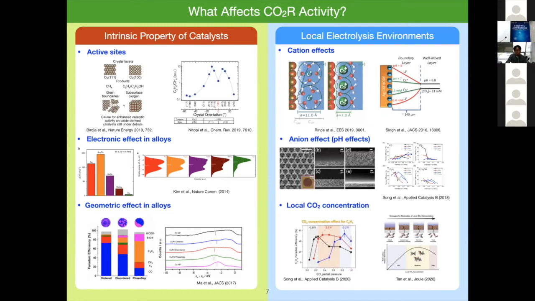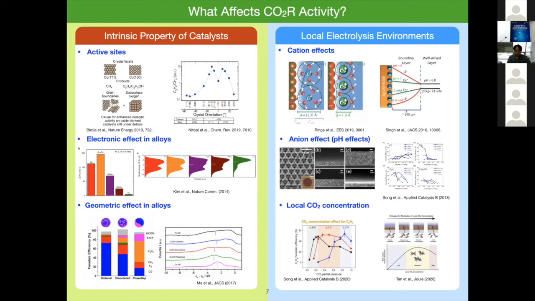By alloying, for example, gold and other elements in copper, you can tune the product selectivity from C1 to C2. You can also use a phase separated alloy system, which has some geometric ensemble effect to make C2 products easier.